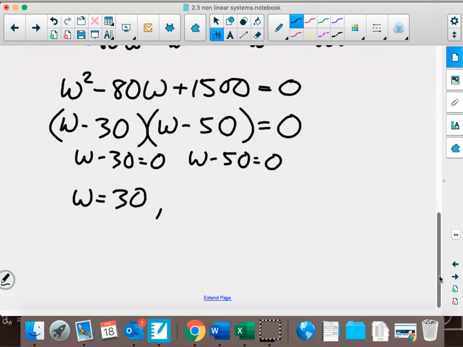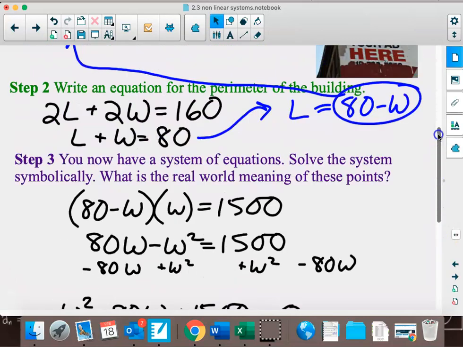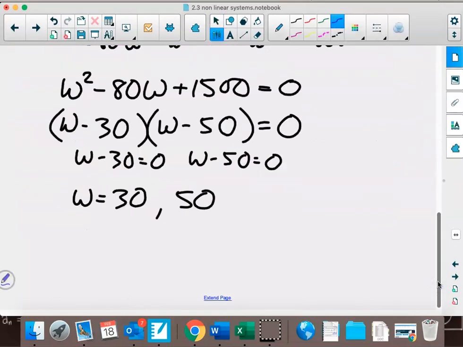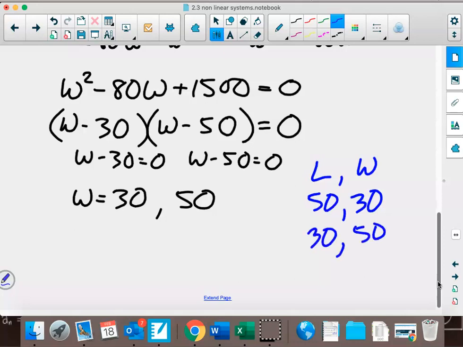So our length can be 30 or 50, or our width can be 30 or 50. Our length is 80 minus the width. So if my width is 30, my length is 50. If my width is 50, my length is 30. So either way, my building is 30 by 50.